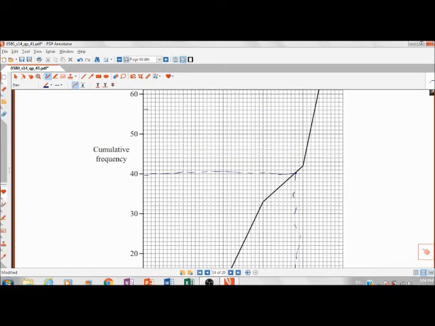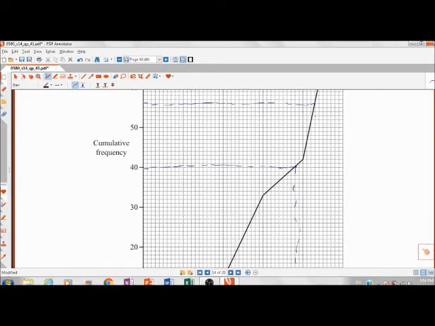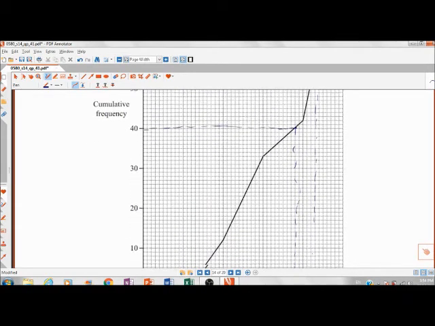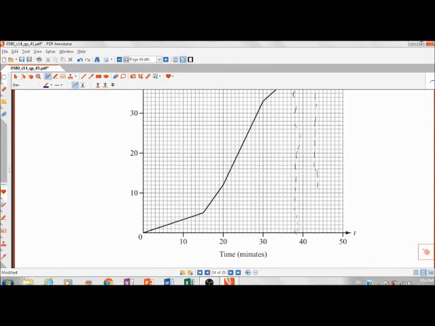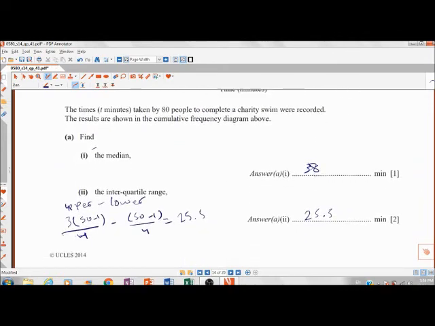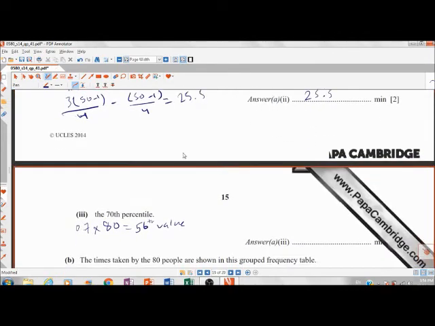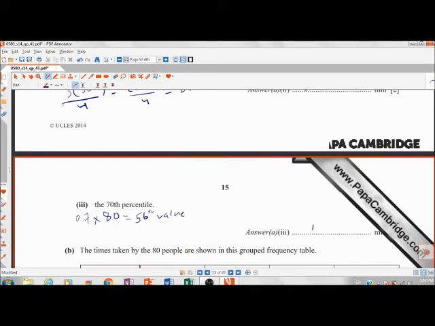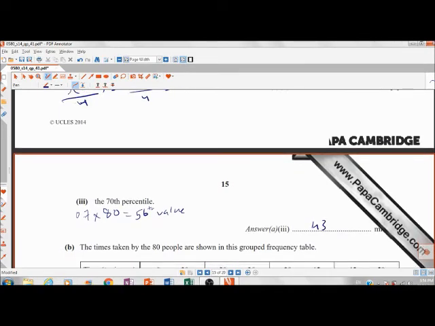See where 56 is, draw a dotted line until you meet the graph, and then draw a vertical line until you reach the x-axis, which is the time. The time is 43. They want the time, not the value, so it's 43 minutes.